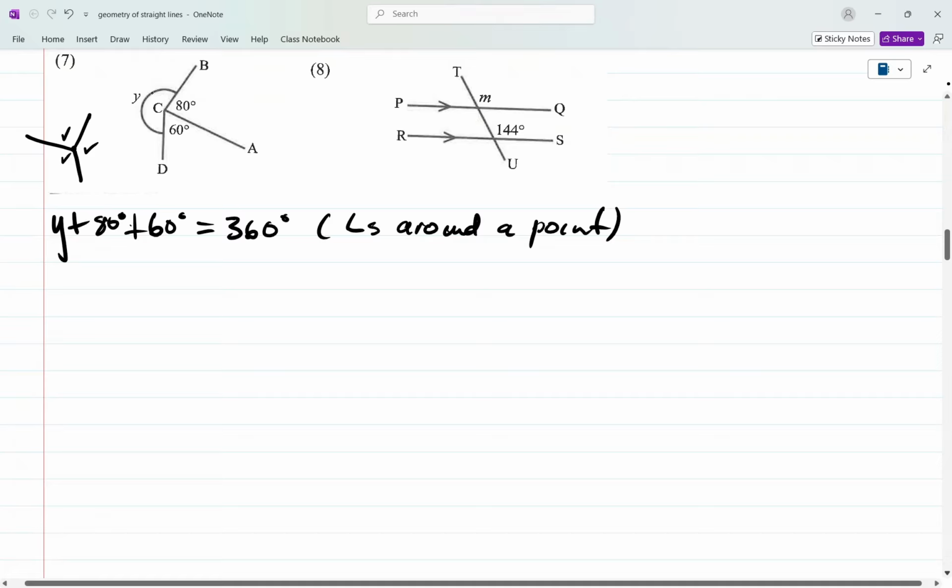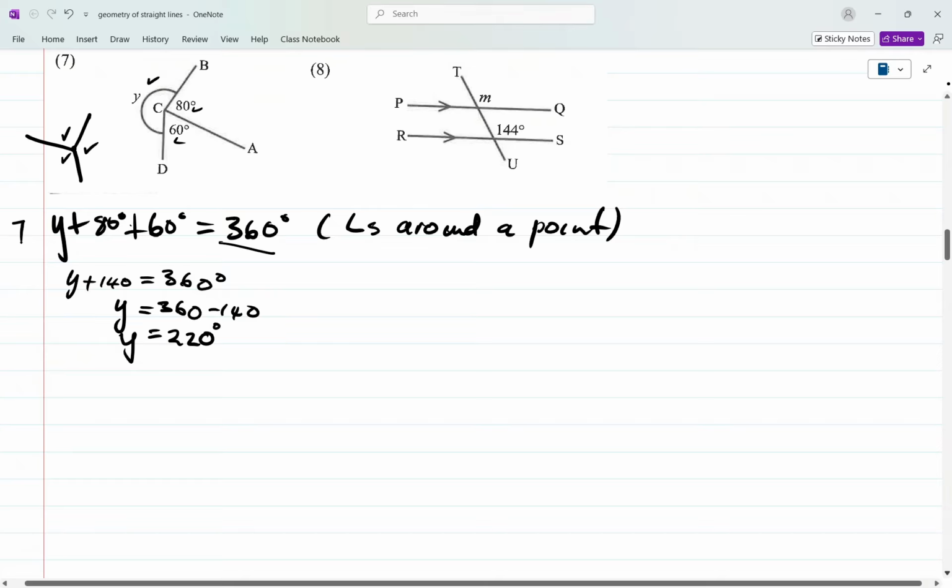So in our situation, we'll be having y, 80, and 60 to give you 360. So you'll end up having y plus 140 and then 360 on the right hand side. Then the value of y will be 360 minus 140, which is going to give you 220 degrees.